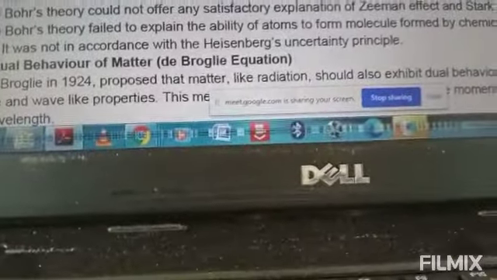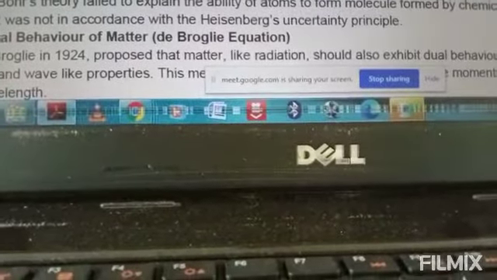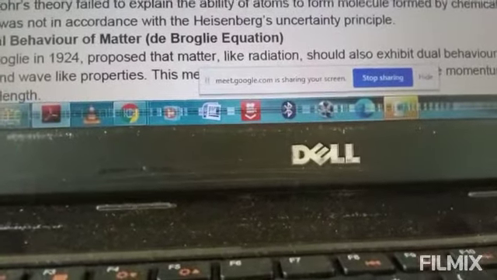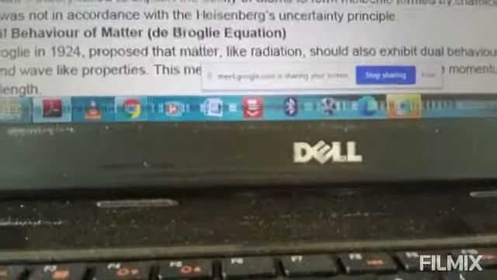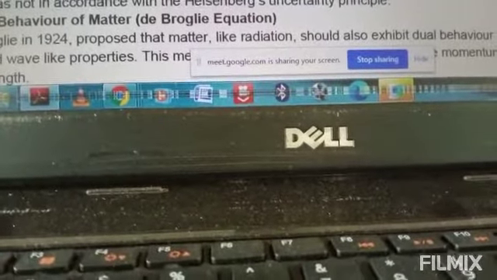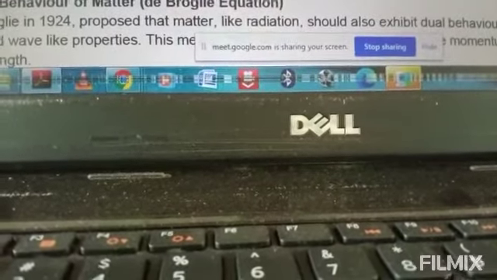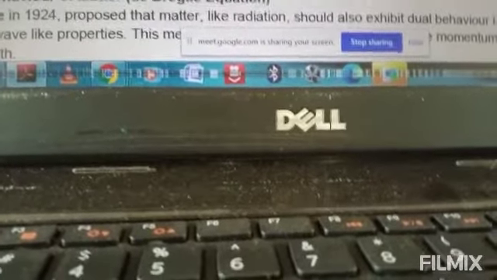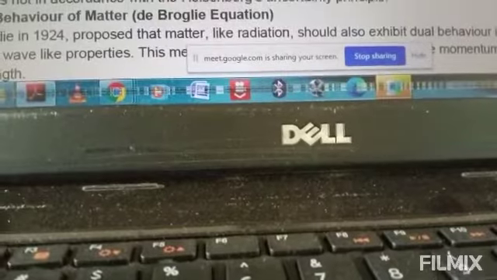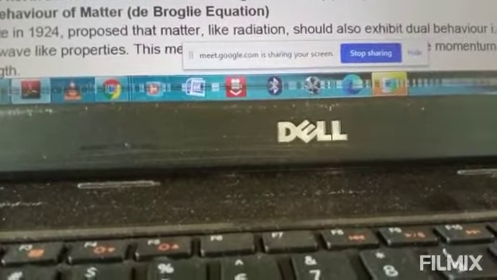This dual behavior of matter was first explained by de Broglie, D-E-B-R-O-G-L-I-E.